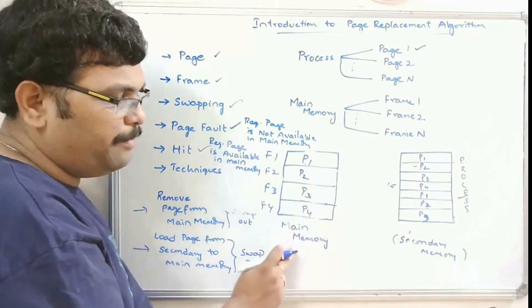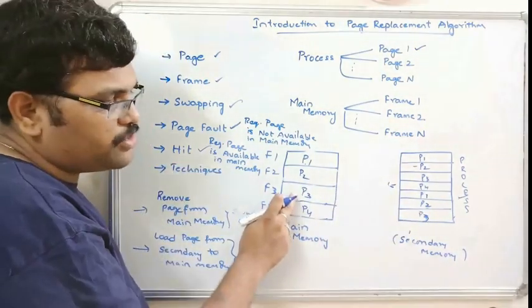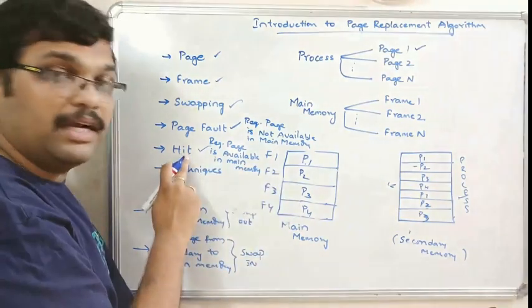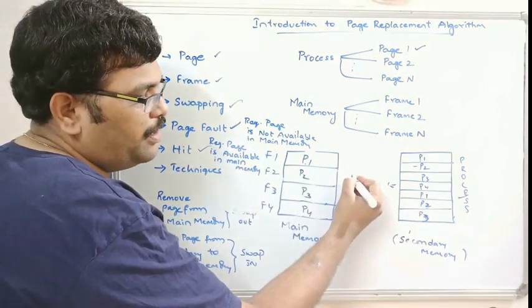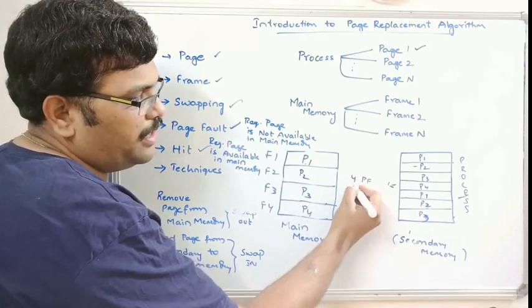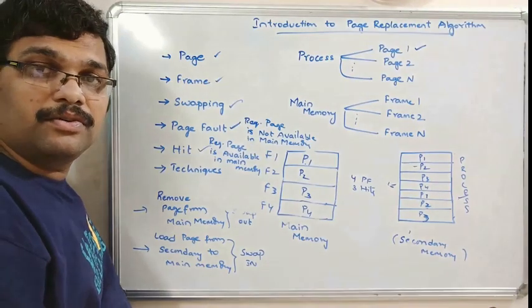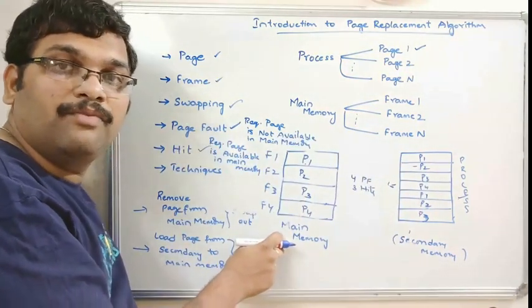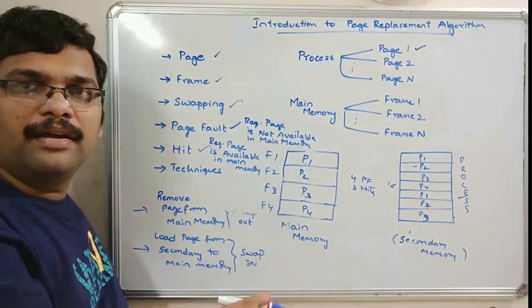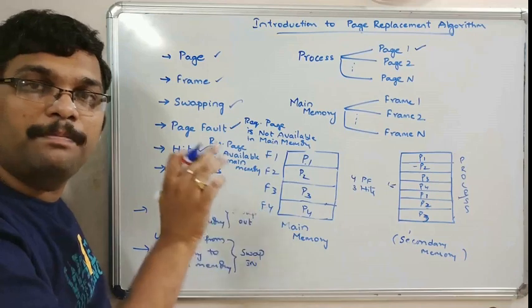P2 is also available in main memory, so second hit. P3 is also available in main memory, so third hit. So for executing this, we are having 4 page faults and 3 hits. Hope you understood. If the required page is available in main memory, we call it a hit. If the required page is not available in the main memory, that is called a page fault.